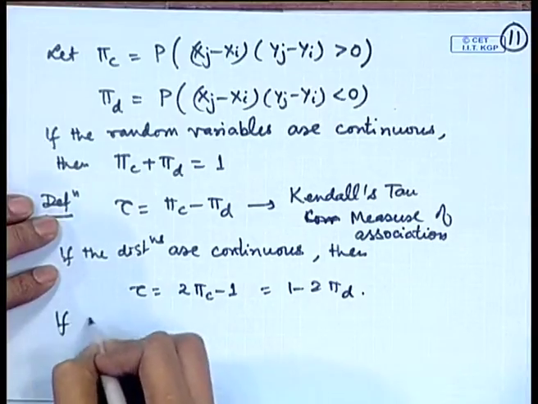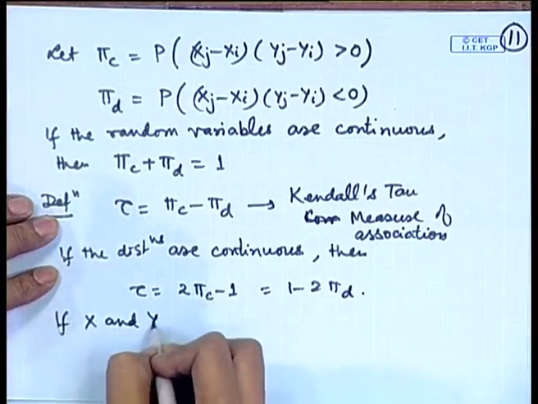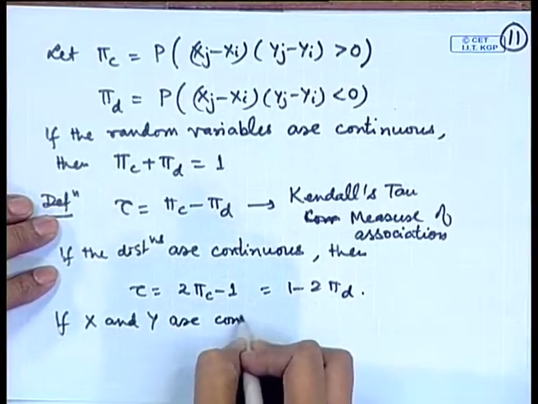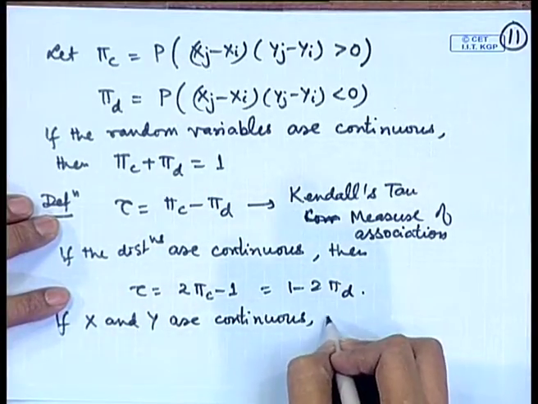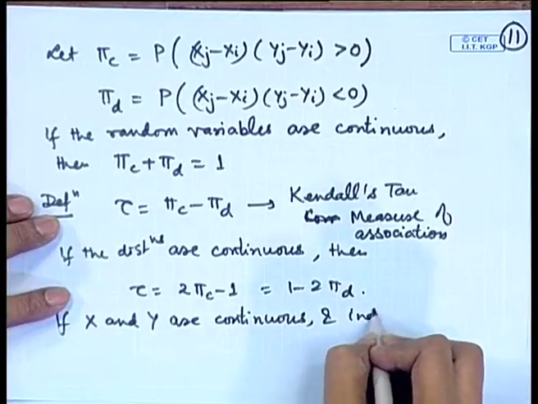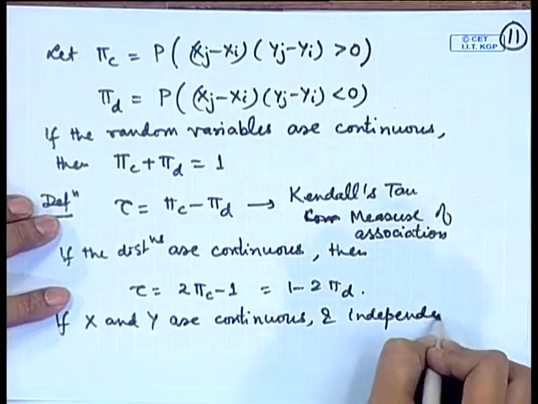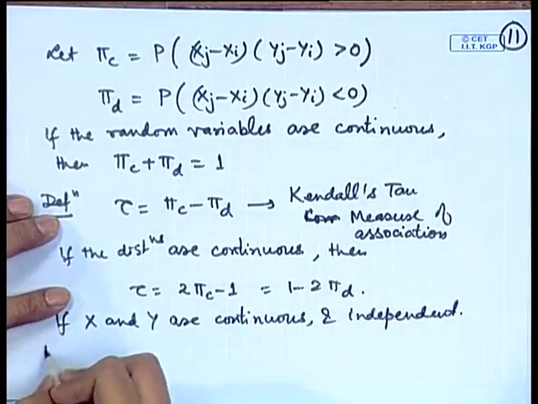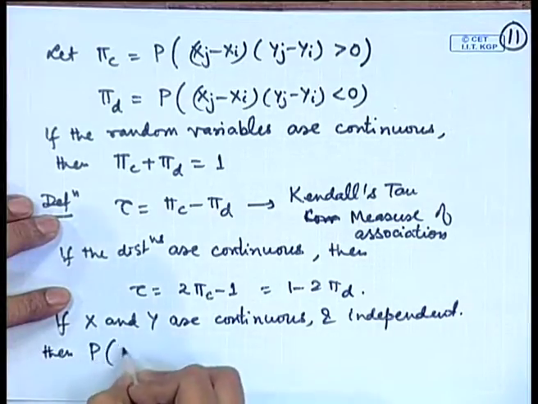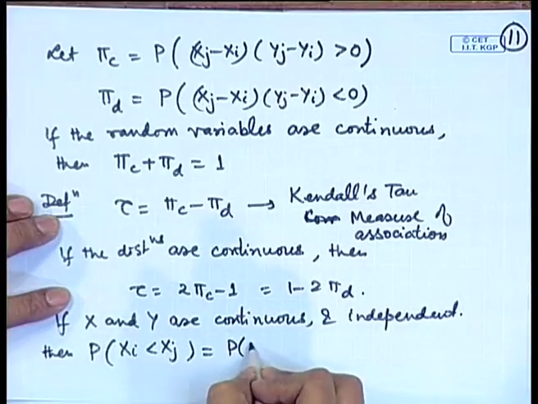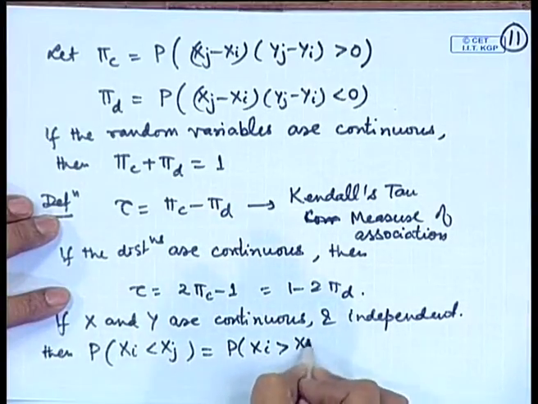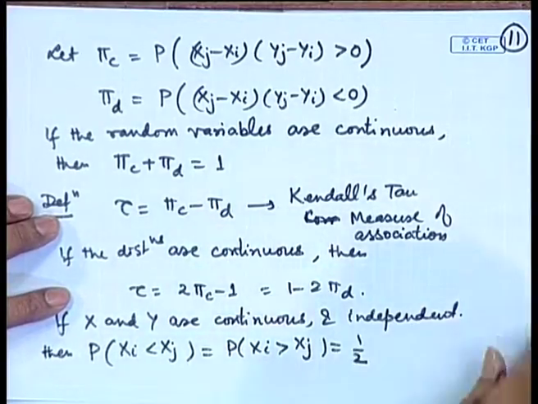Now, if x and y are continuous and independent, then by symmetry you must have the probability of xi less than xj equal to the probability of xi greater than xj, which is equal to half.